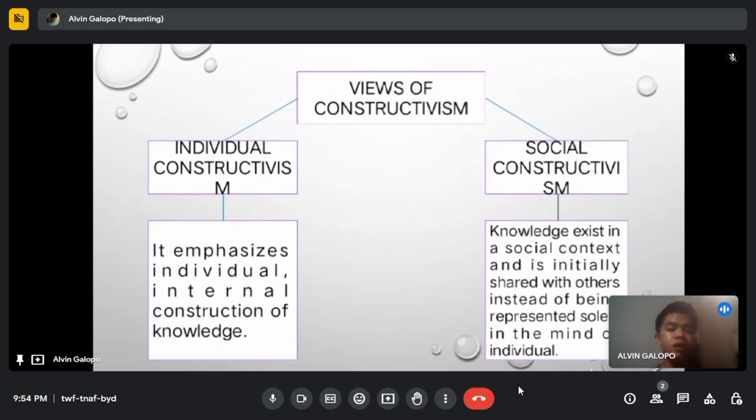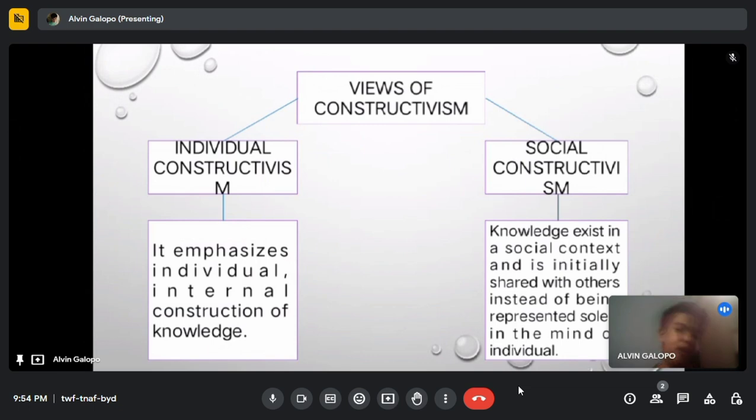In this view, it highlights the learner's role in constructing meaning and having cognitive processes. So that is individual constructivism.